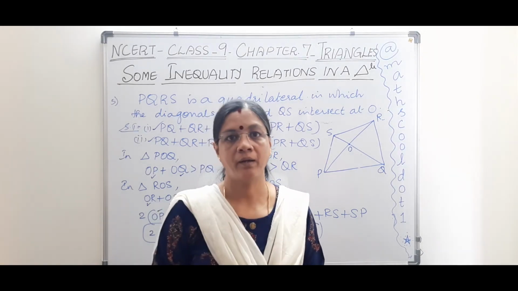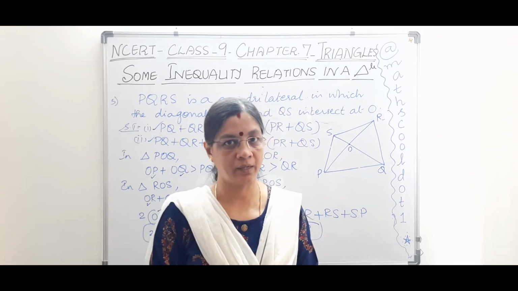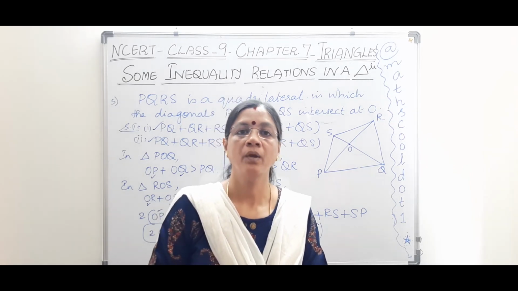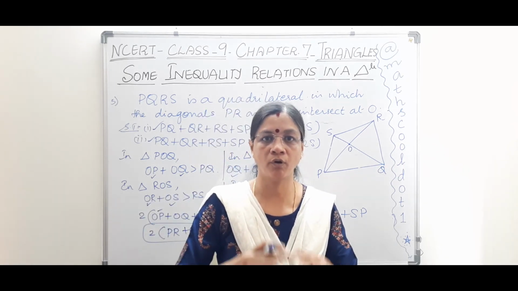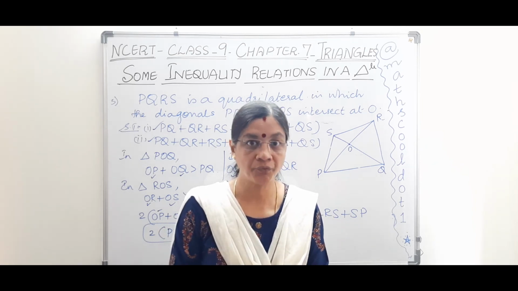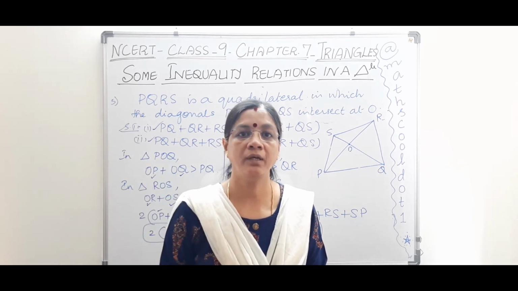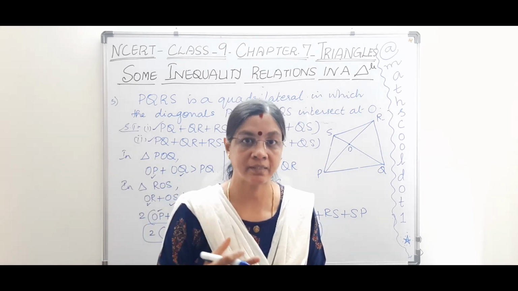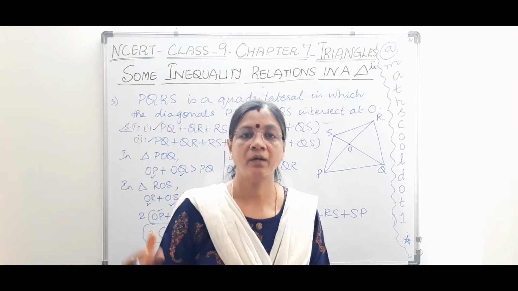I hope you understood all the criteria and inequality relations in the triangle. With this triangles chapter, I think you have got an overview of triangles. We have studied all the properties of triangles from the beginning: the angle sum property, the exterior angle, medians and altitudes.